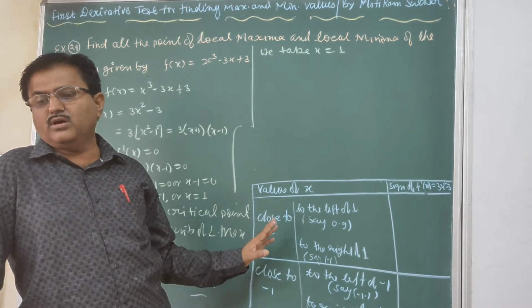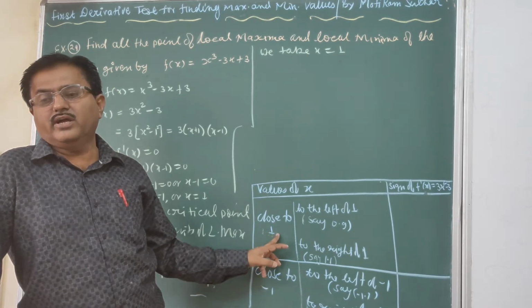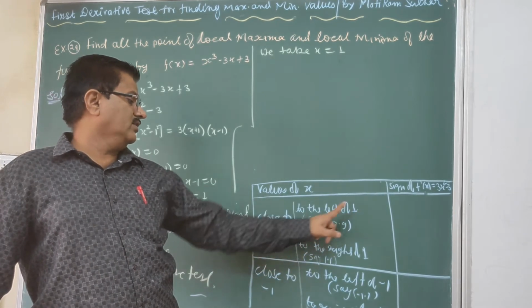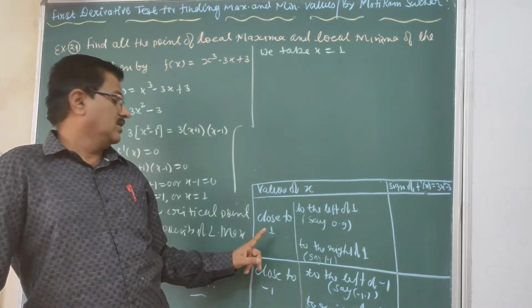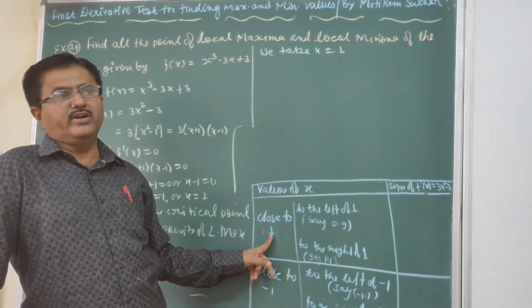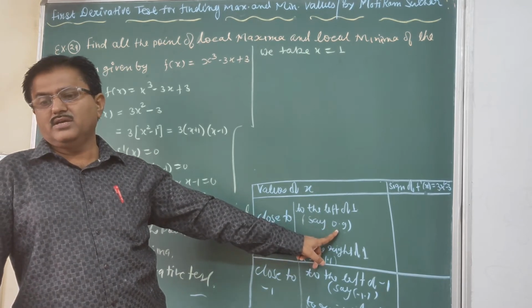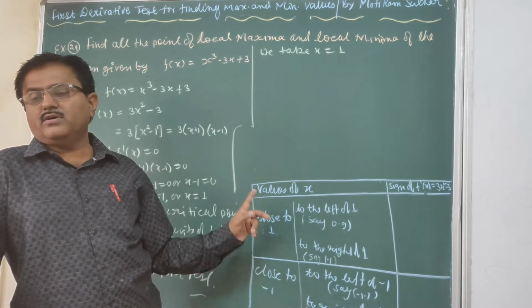Any value you can take which is less than 1 or very near to 1. So to the left of 1, say 0.9, a point which is left of 1 and very near to 1. On the number line, 0.9 is left of 1.